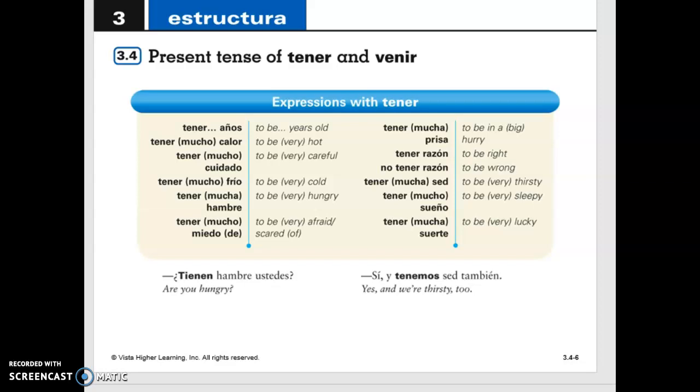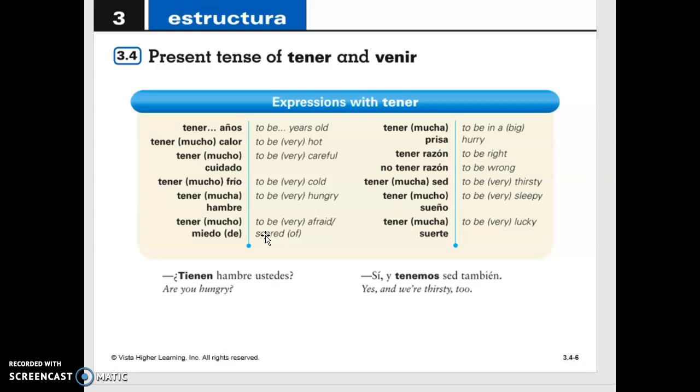But those are expressions that are already made in Spanish, and that's the way that they work, okay? Tener calor. So it means to be hot. Tener cuidado, to be careful. So just imagine that this is the function of to be from those expressions in English, okay? But the difference is that they are going to use instead the verb tener, to have, okay?